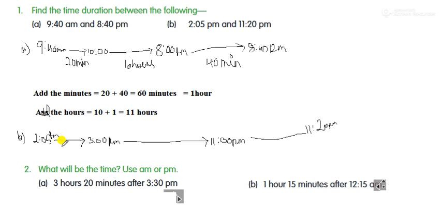It's 55 minutes. You do 60 minus 5, 60 minutes minus 5 minutes is 55 minutes. Next 3 to 11 is 3, 4, 5, 6, 7, 8, 9, 10, 11. So it's 8 hours. Next 11 to 11:20, so it's 20 minutes.